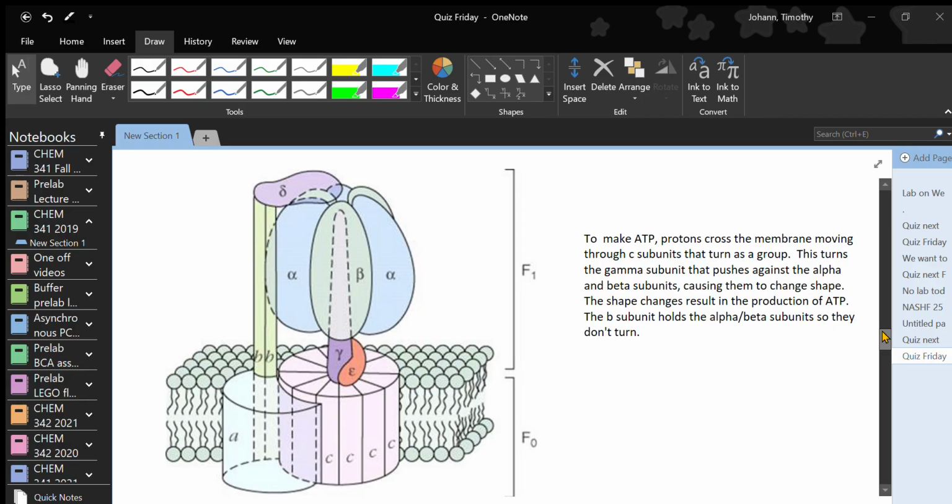So this isn't spinning. This can spin inside. It's loose enough, except that I want something to push and cause my hand to change shape. So that's essentially what our mechanism is.